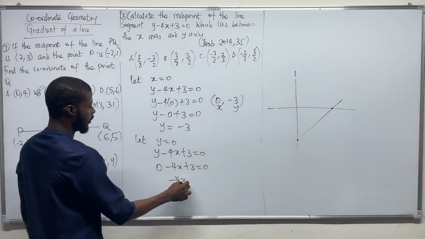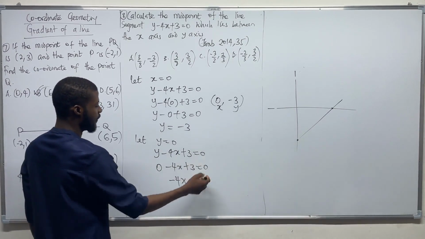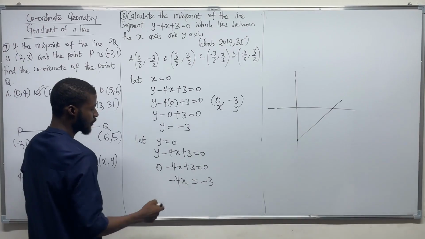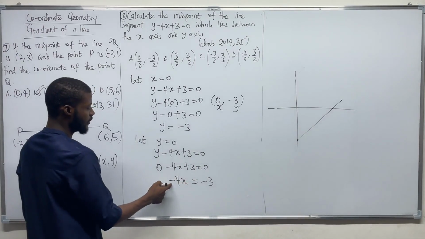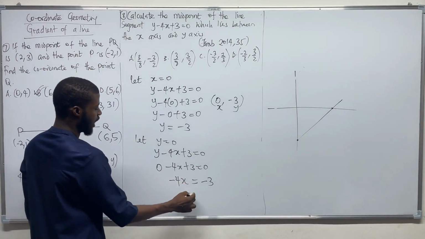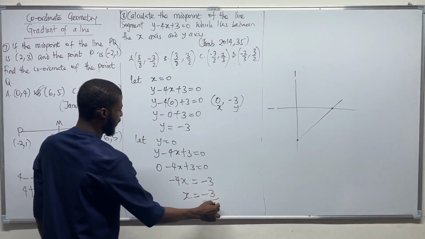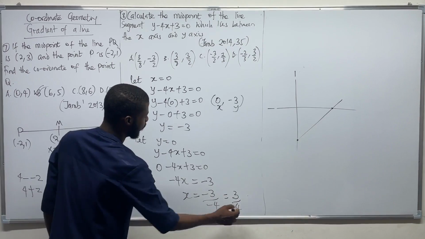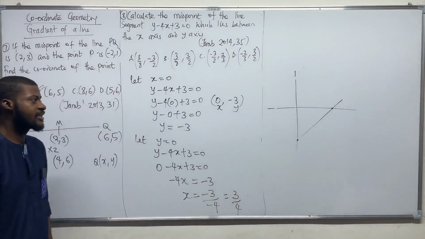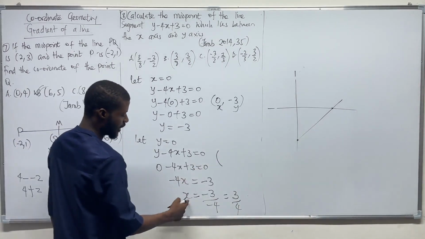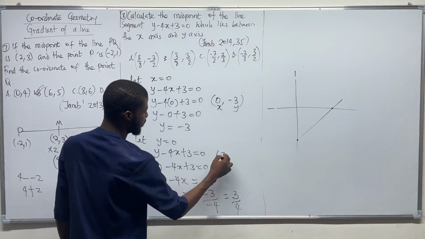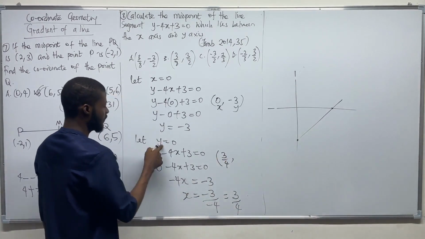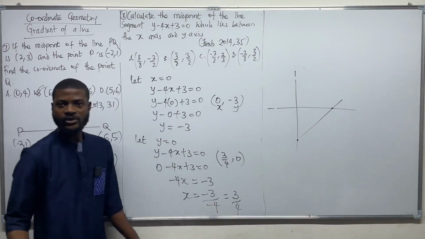So this minus 4x, if this plus 3 goes away, it becomes minus 3. Now to get the value of x, divide both sides by minus 4. So x is equal to minus 3 over minus 4. The minus should cancel out, so we just have 3 over 4. So that's the value for x. Now this is also another point. You start with the x. x is 3 over 4. What's the value for y? 0. So that's a point.